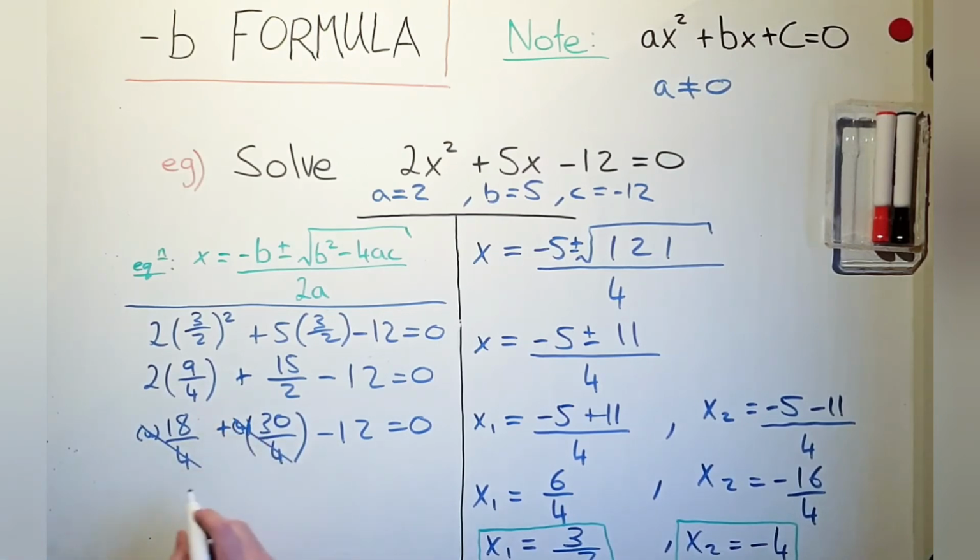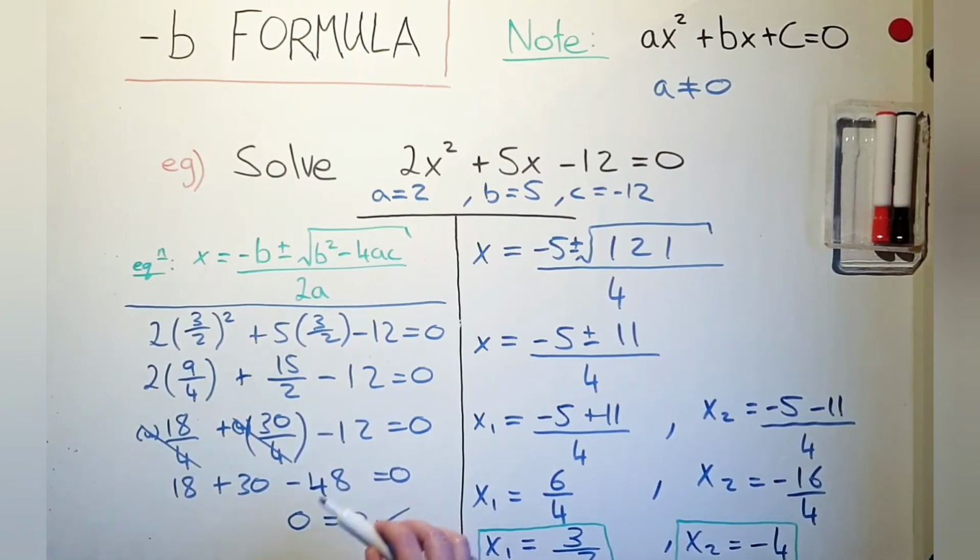So it's going to be 18 plus 30 minus 12, or sorry, minus 48, equals 0. 18 plus 30 is 48, minus 48, so 0 equals 0. So I know that 3 over 2 is a root of this quadratic equation as the equation is balanced here. So that's the first one we've checked, and 3 over 2 is indeed a correct value for x.